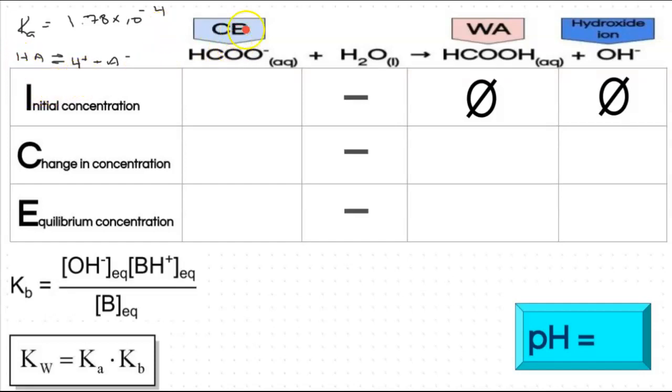Well, when you're in a water solution, the only place to get a hydrogen is from a water molecule. So what we find has happened is that this conjugate base, this anion, in an attempt to get back to that weak acid form, will take a hydrogen from the water to form its original weak acid.